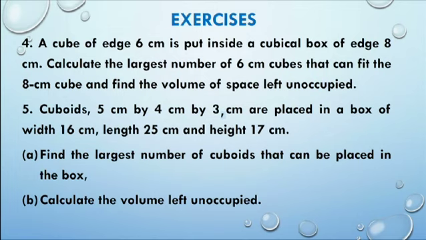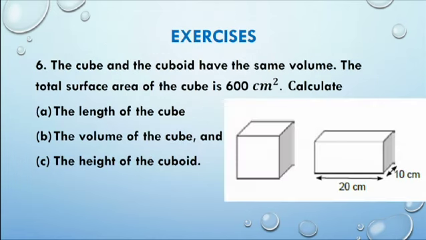Part A. Find the largest number of cuboids that can be placed in the box. Part B. Calculate the volume left unoccupied. The last question. The cube and the cuboids have the same volume. The total surface area of the cube is 600 centimeters square. Calculate part A, the length of the cube, part B, the volume of the cube, and part C, the height of the cuboid.